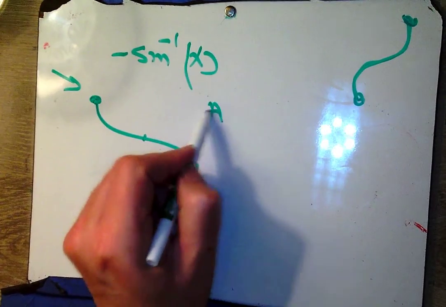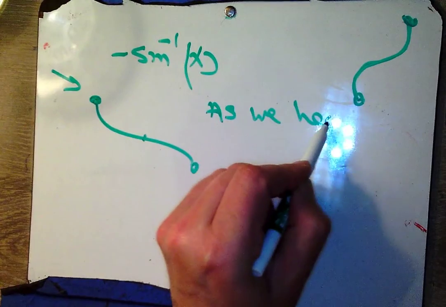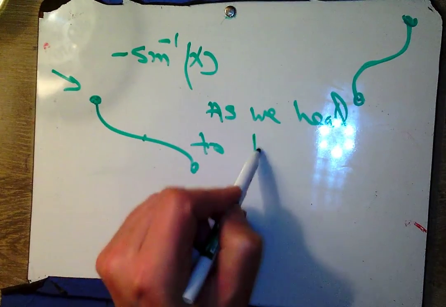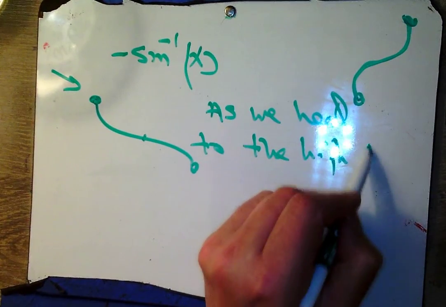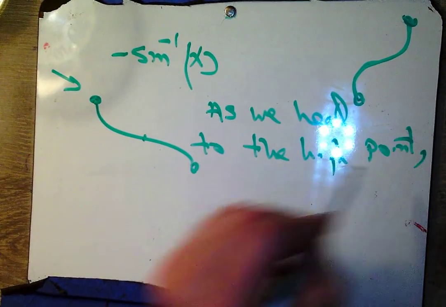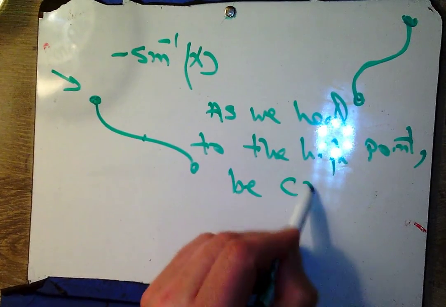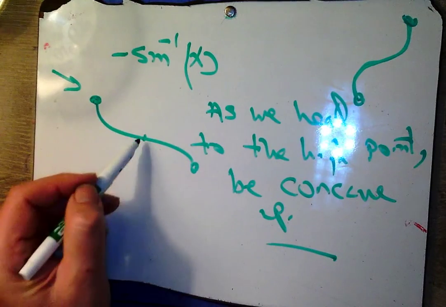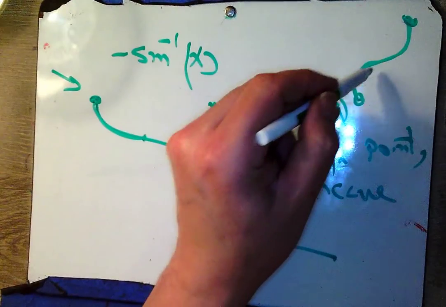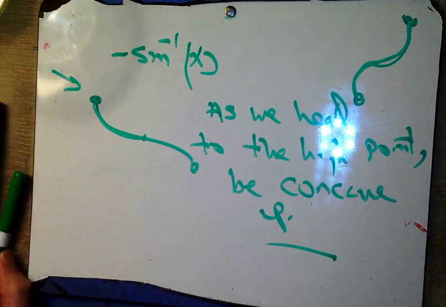So that may well be worth writing down. As we head to the high point, to the maximum, we want to be concave up. Okay, so concave up as I head to the high point. Good.